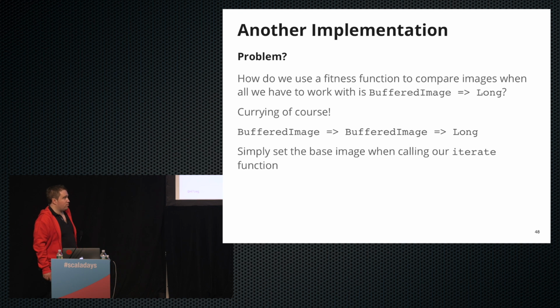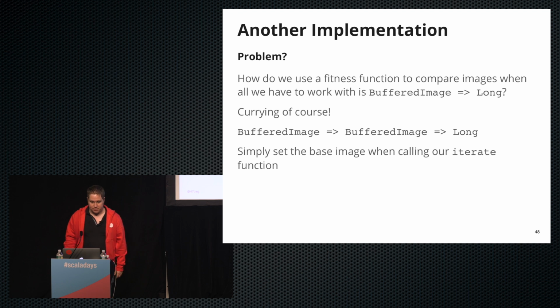But of course, this comes really easy in Scala because we can just curry this. If we have a function like this, we can just provide the Mona Lisa as this first parameter, and that gives us a function from BufferedImage to Long. Then we can set this as a base image and put that into our iterate function. And then when we're generating these images, we're really just comparing them to this base image.